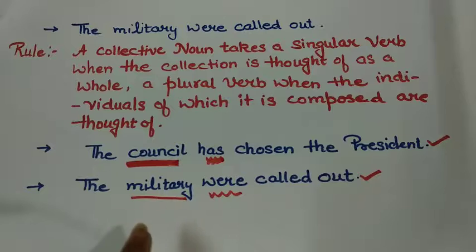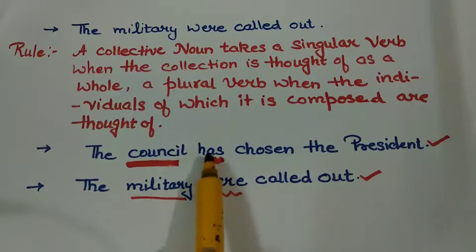But when I say the military were called out, here I'm talking about every person, every soldier. So a collective noun takes a singular verb when the collection is thought of as a whole, and a plural verb when the individuals of which it is composed are thought of.